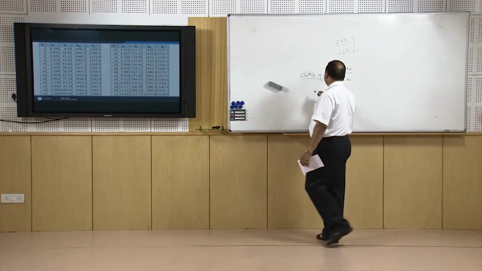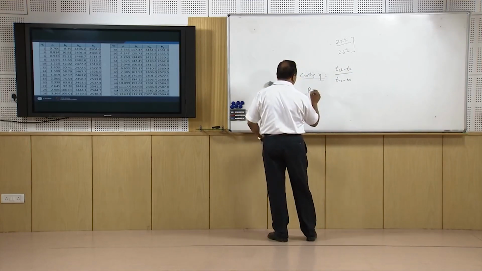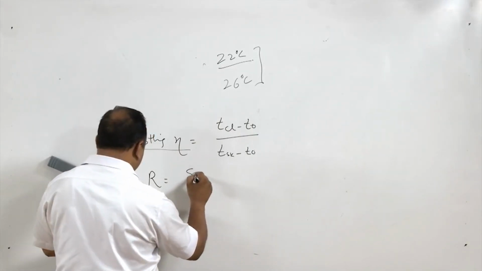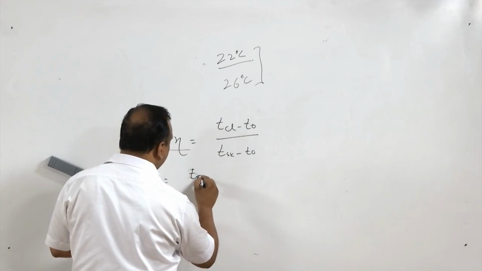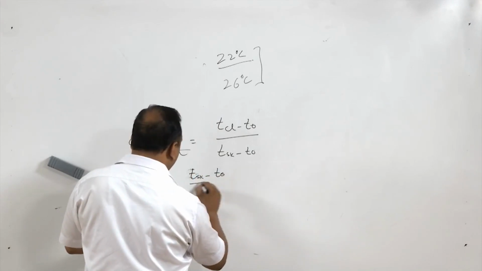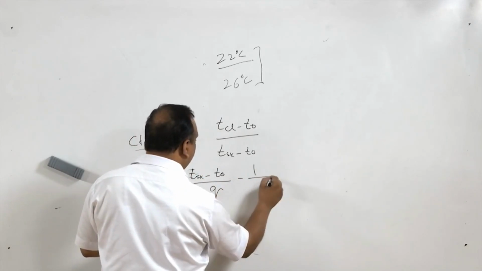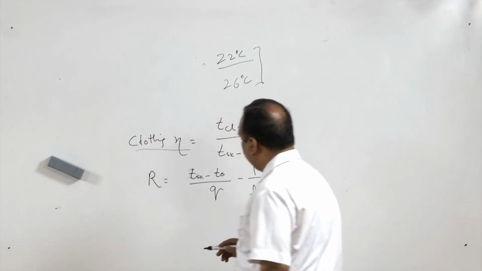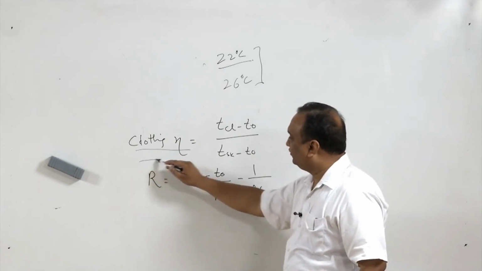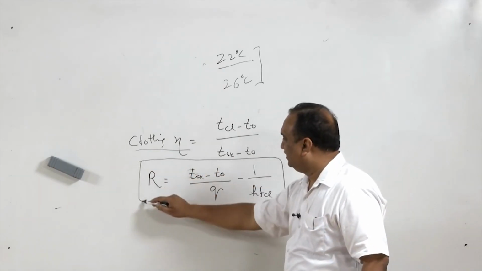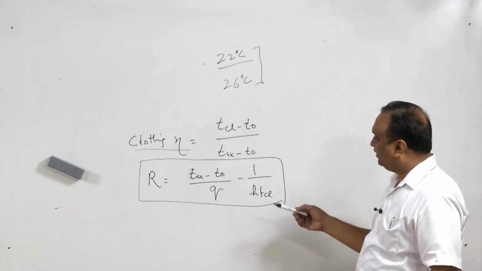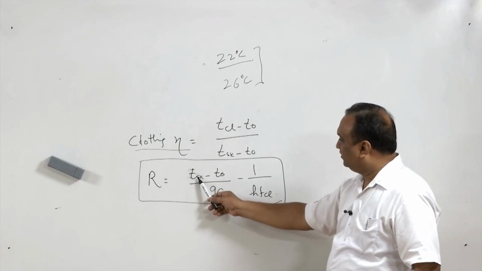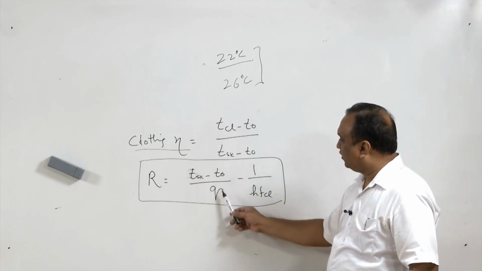Now, the cloth also offers a thermal resistance R, and this thermal resistance is equivalent to skin temperature minus outside temperature divided by heat flux, minus 1 by HFCl. It is nothing but the simple equation of conduction and convection heat transfer. This is the resistance offered between skin and outside.